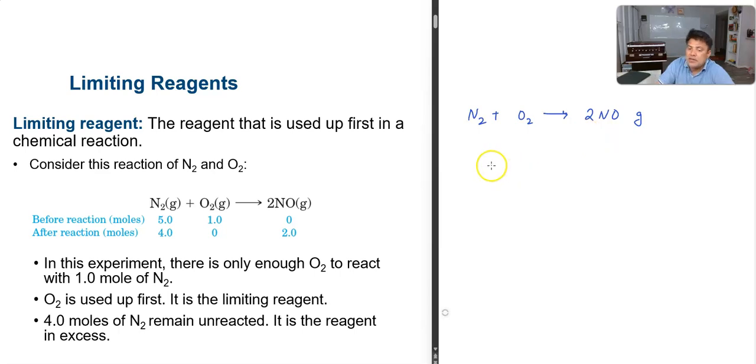What does this equation say? That 1 mole of N2 reacts with 1 mole of O2. This tells us that. But suppose that if you use 5 moles of N2, what happens?